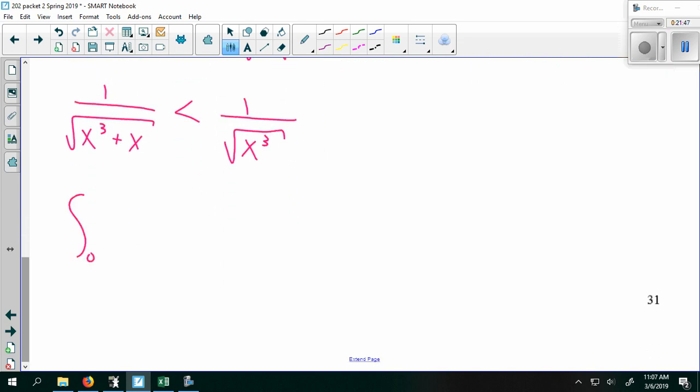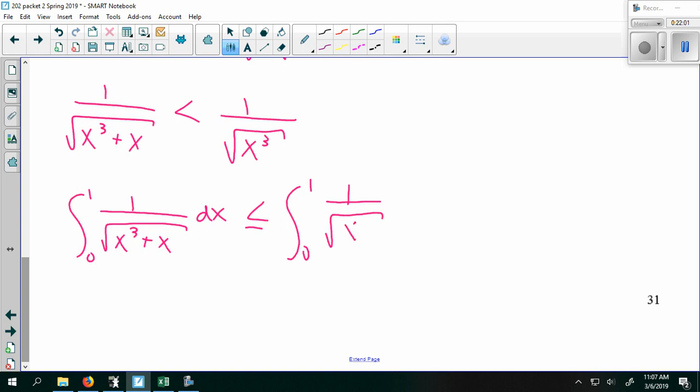The integral from 0 to 1 of 1 over the square root of x cubed plus x dx is smaller than the integral from 0 to 1 of 1 over the square root of x cubed dx, which is infinite. So my integral is smaller than something infinite. What can I conclude?